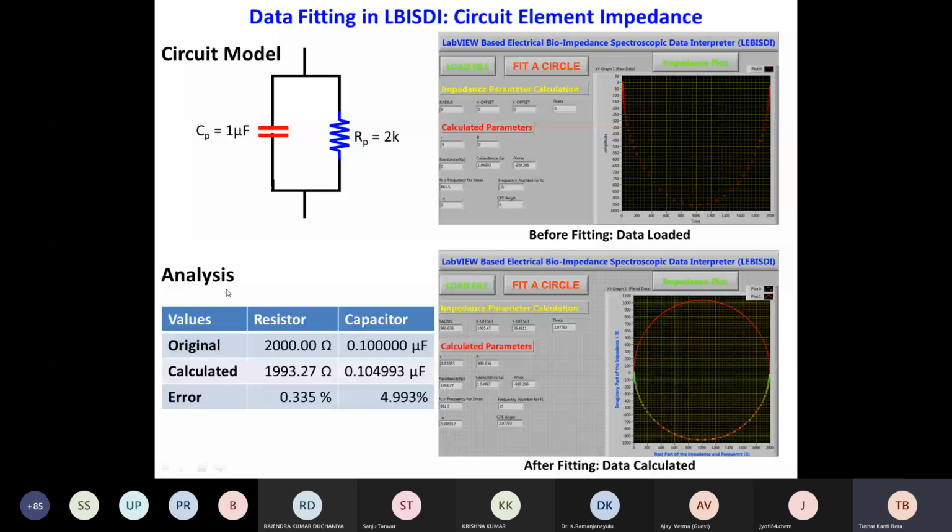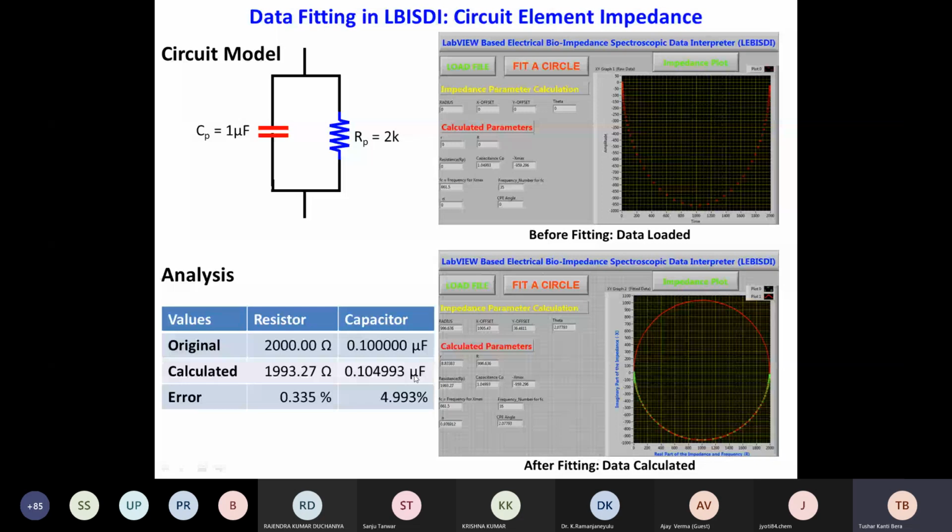So it was not itself 1 microfarad, that I want to emphasize, and that's why a little bit more error is coming, but the resistor was a 1% resistor, a metal film resistor. So that's why we got that type of accuracy. Definitely, if we get the actual value of the capacitance, this error will be reduced.